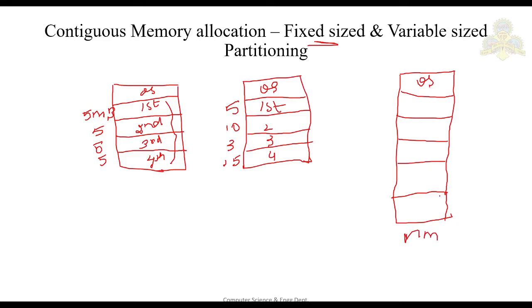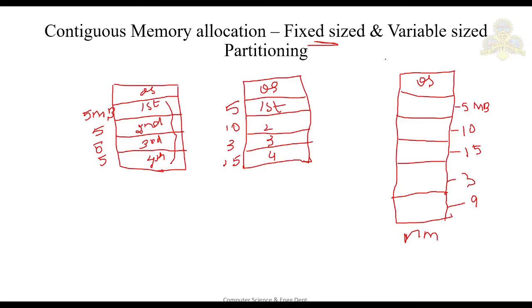Let me draw one more. Say these are all of variable size. This partition is 5 MB, this partition is 10 MB, this is 15 MB, the fourth partition is 3 MB, and the fifth partition is 9 MB. That means at the same time we can only keep 5 processes in this main memory. Why 5 processes? Because we have only 5 parts, so each part would be occupied by one process.